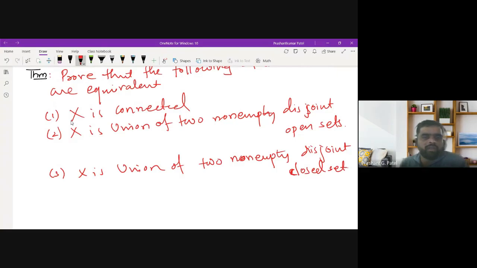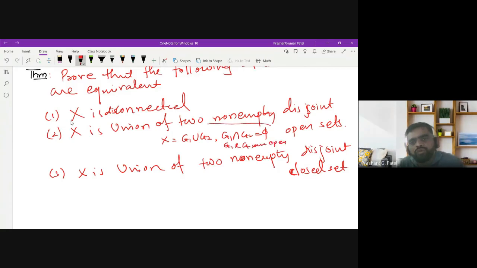So ultimately, if X is, sorry, it is disconnected. So I should write here it is disconnected. So if X is disconnected, then X is the union of non-empty disjoint open subsets. That means X can be written as G1 union G2, where G1 intersection G2 is empty and G1 and G2 are open.